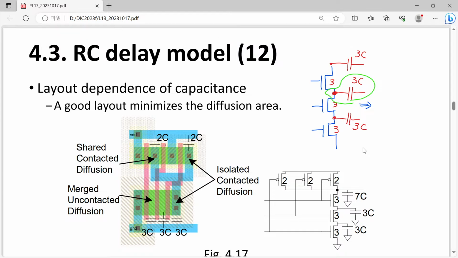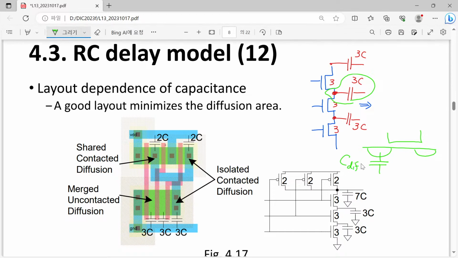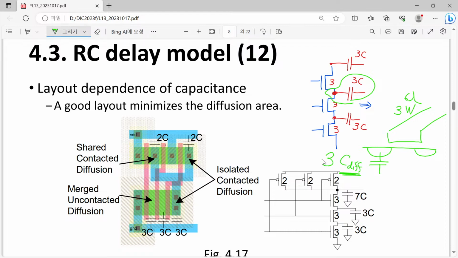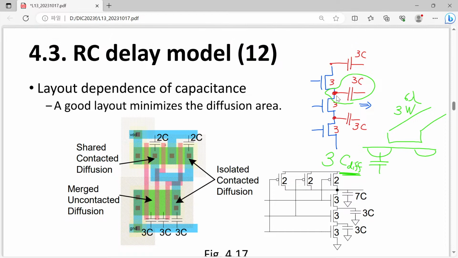If we remember the cross section of our MOSFET, it is easy to say that here we have C, diffusion capacitance, and if we make the width of our transistor 3 times wide, for example 6 lambda, in this case the value will be 3 times our unit capacitance. Please note that this is the border between one transistor and another transistor.